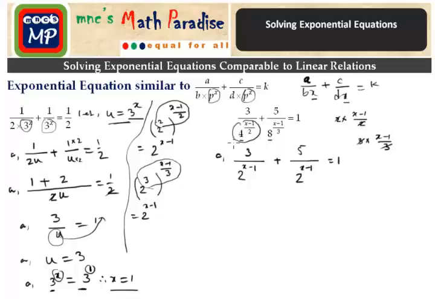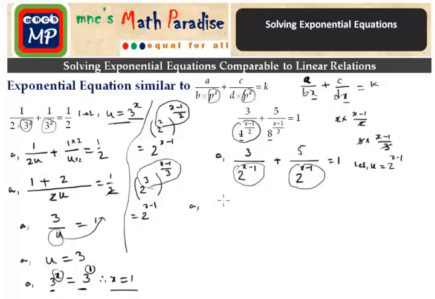So we had base 4 and base 8. We converted them into their prime factor, base 2. So it is 2 to the power x minus 1 and 2 to the power x minus 1. So now we can replace this 2 to the power x minus 1 with a new variable. Let u equal 2 to the power x minus 1.